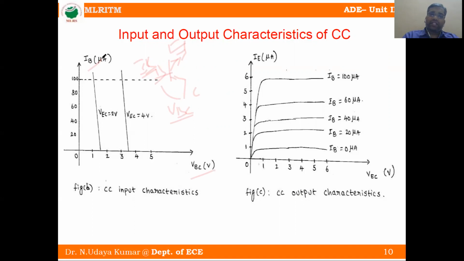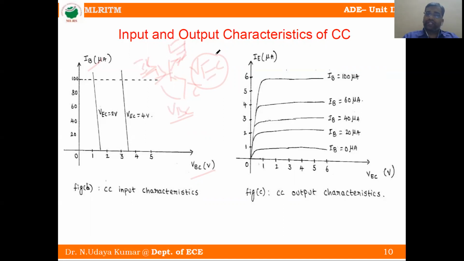VBC versus IB is plotted when VCE, or VEC, is constant at different voltages. This is called the input characteristics. First we have to fix the VEC voltage, between the emitter terminal and collector terminal. VEC is set to 2 volts by varying the IE current.